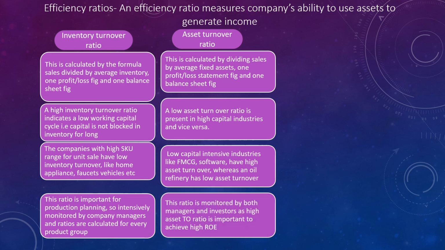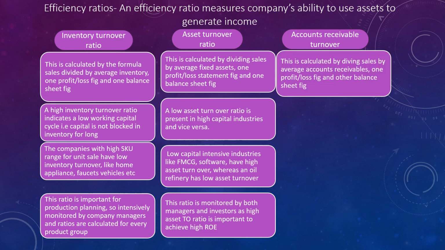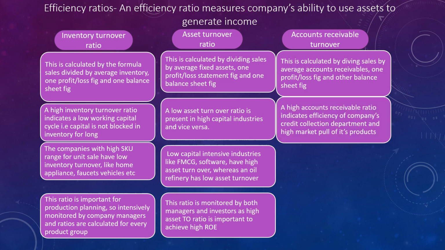This ratio is monitored by both managers and investors, as high asset turnover ratio is important to achieve a high return on equity. Now, accounts receivable turnover. This is calculated by dividing sales by average accounts receivables, one profit and loss figure and the other balance sheet figure.